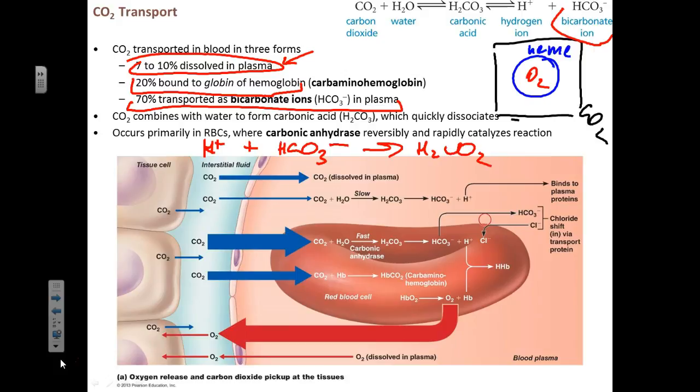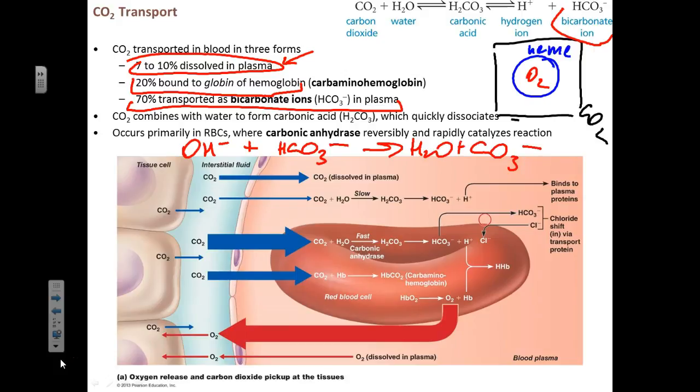Okay? If you add hydrogen ion to it, it will produce water and carbonate.